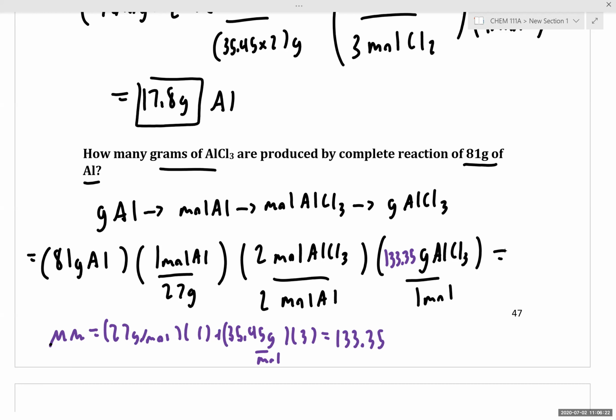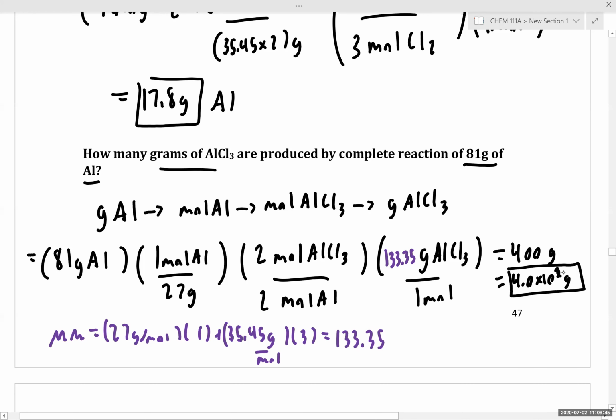And that in turn gives us a mass of aluminum chloride of 400 grams, that we write as 4.0 times 10 to the second grams of aluminum chloride. Any questions on this example?